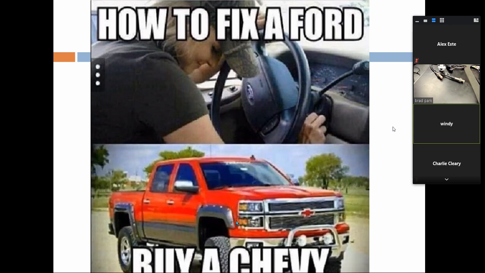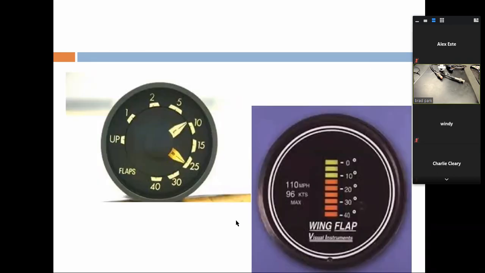Oh, I'm fully awake. So one of the things that we want to know is where the flaps are, right? What angle they're at. So that comes into why we want to indicate. So again, looking at some of the angle of the flaps, this one has a separate one left and right. And this one's electronic, giving you a bar graph, and it gives you some warnings for speed where you want to put flaps.